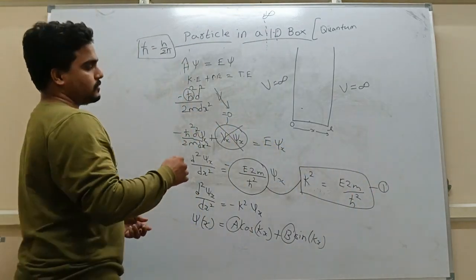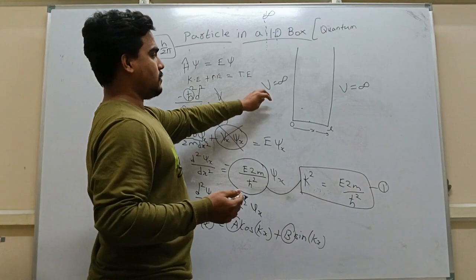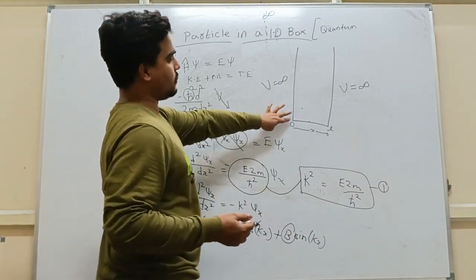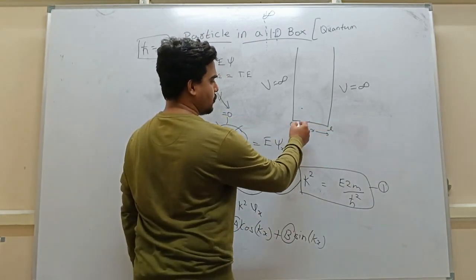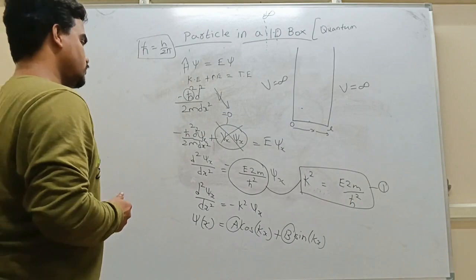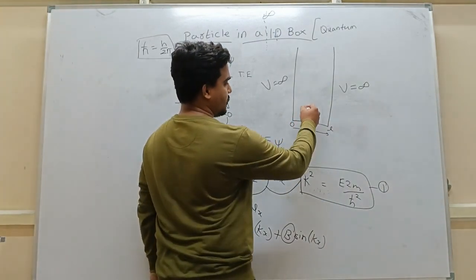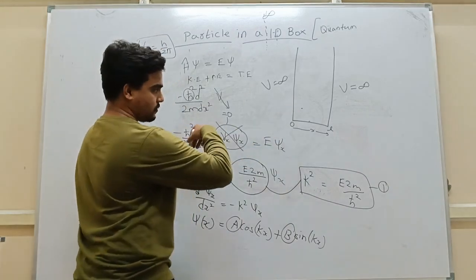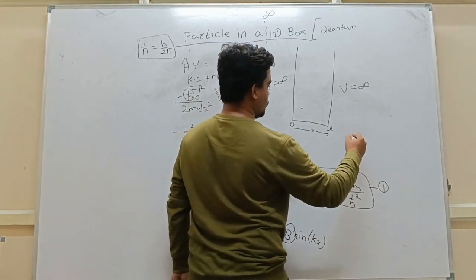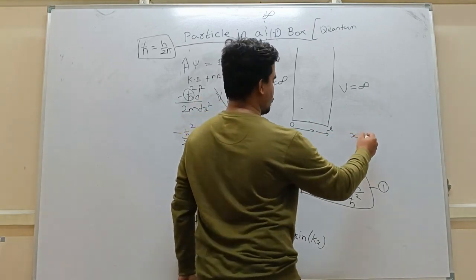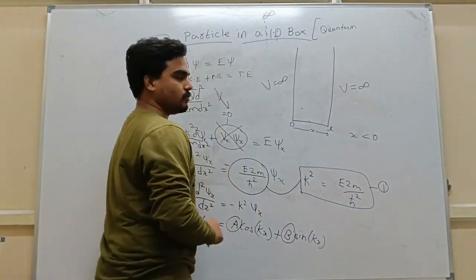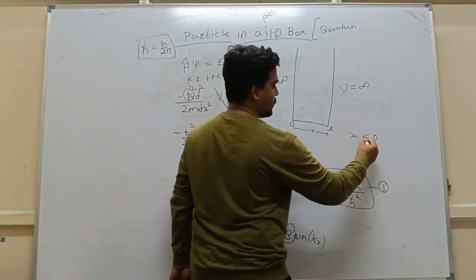Now we have considered the boundary condition, that the starting point is 0 and the last point is L, so the value of x can be between 0 and L. We have also considered that the particle cannot move out of the box, so the value of x will not be lesser than 0, and also it should not be equal to 0.